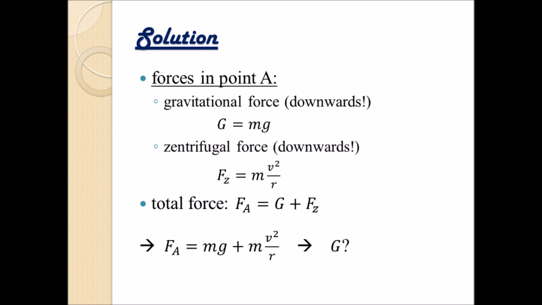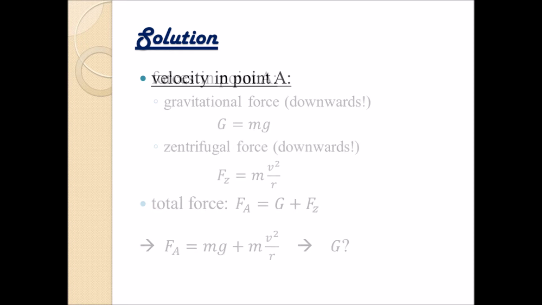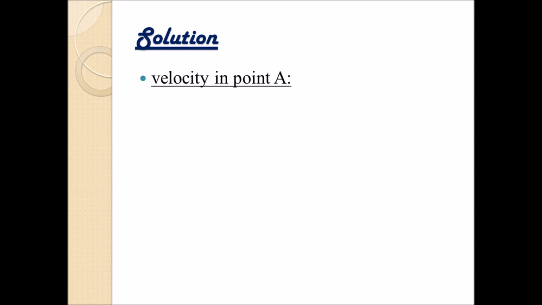How do we do this? Well, there is a velocity in point A that we don't know anything about at this point. How can we calculate it? Well, when we think about it, we are still in the field of point masses here.